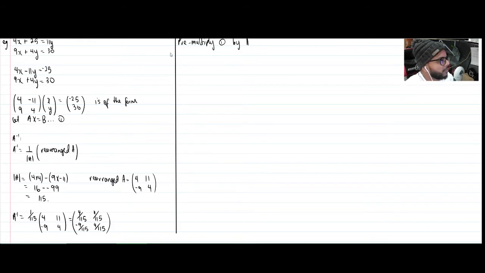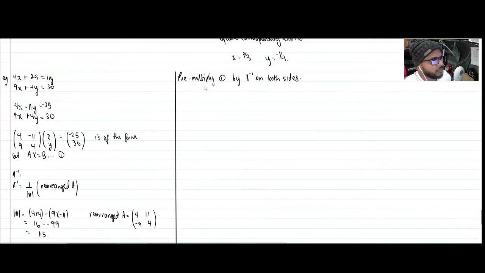Pre-multiply 1 by A inverse on both sides. So it'll be A inverse multiplied by A multiplied by X is A inverse multiplied by B. Now this is how I want everyone to write out your question and your statements for CSEC.